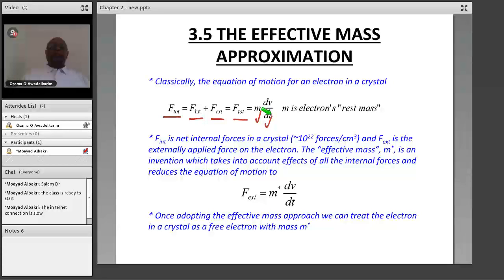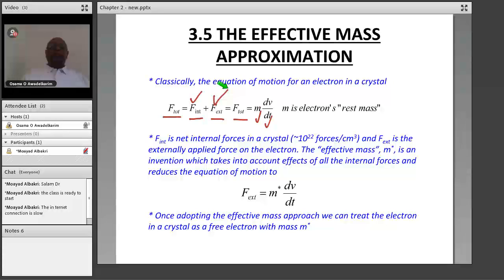Okay, now what you're going to do is you're going to write 10 to the 22 internal forces, from all the electrons and all the cores. So you have 10 to the 22 terms in your force equation. And then you have only perhaps one term coming from the external force.